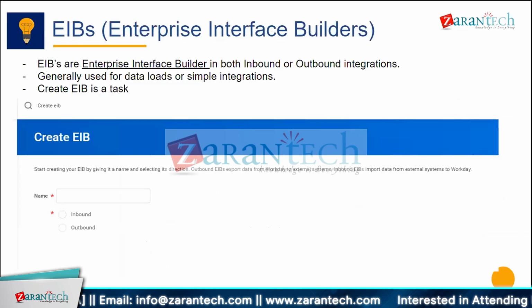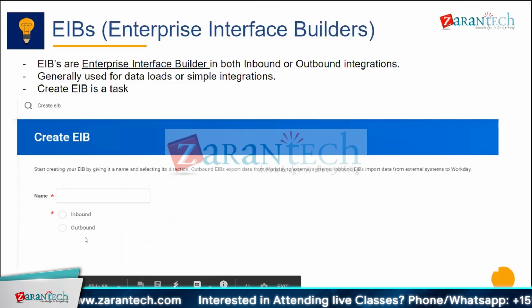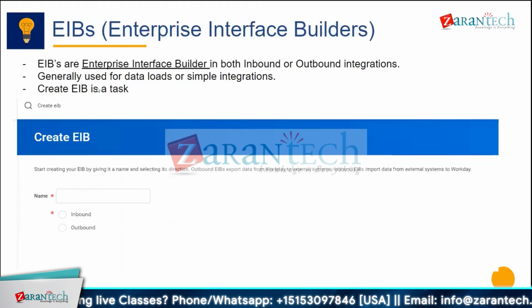EIB is just the easiest thing we can do. It's like a wizard which can help you create the whole scenario. It's just next and next and enter the data. For example, in the case of EIBs, we just need to use the task Create EIB.